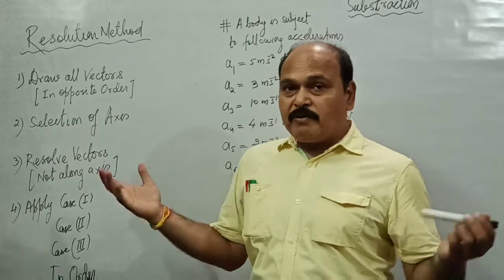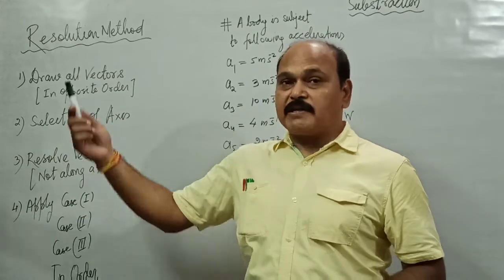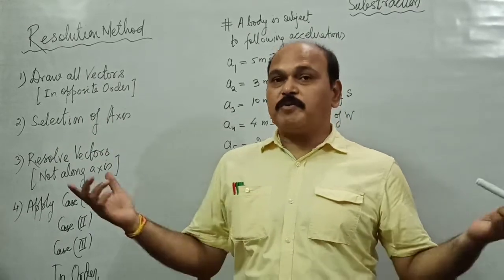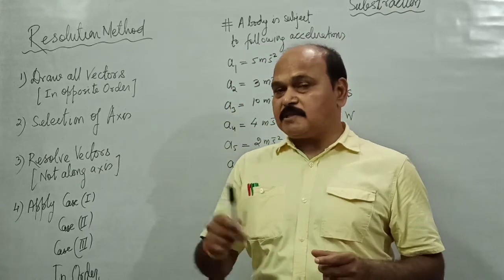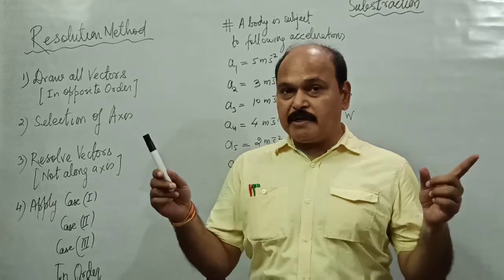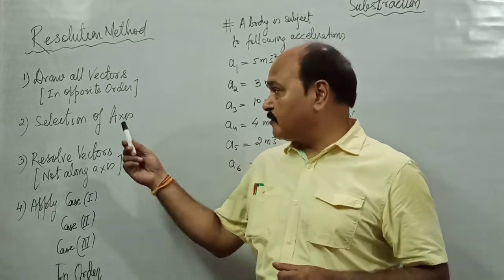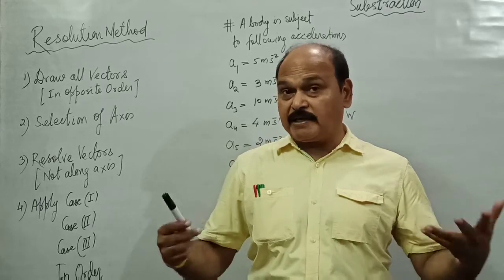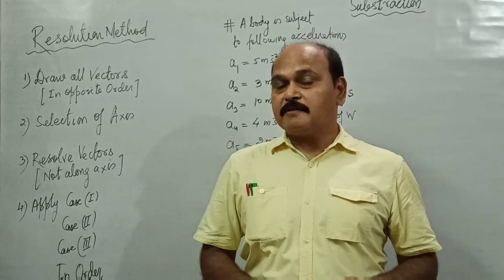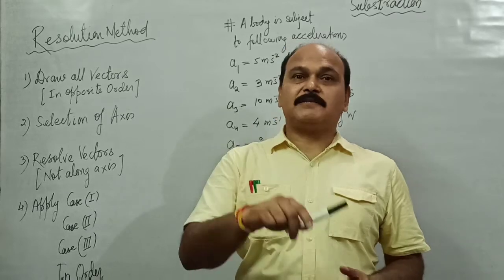And after making all vectors, the second step is selection of axis. We select any two perpendicular axes where the vectors are made. Vectors are made in a plane, so we have to select any two perpendicular axes. We have to select our Cartesian coordinate system, that means we have to select x-axis and y-axis.